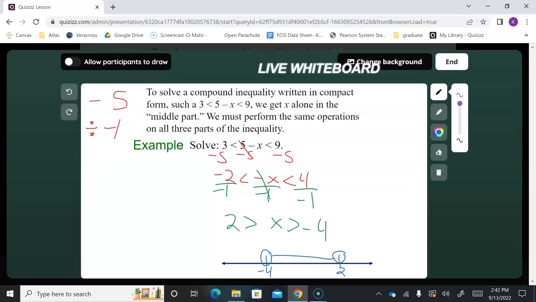What would my interval notation be for all the numbers between negative 4 and 2? What's my interval? Nope, I got to start at my critical value. What's the lowest value? Negative 4. How do I say negative 4 is not included?